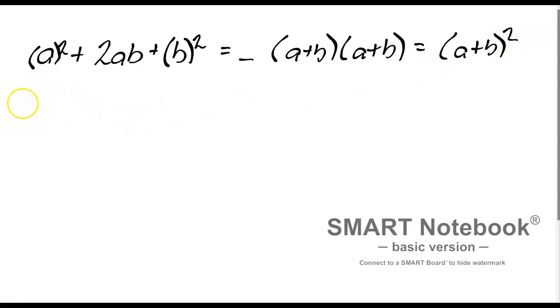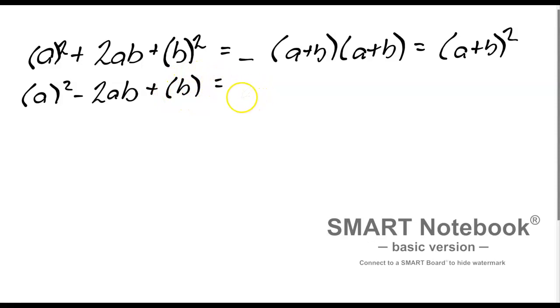The other situation is where you have this minus 2AB. Same thing, since they're advanced, you'll probably have to factor out something before you get started.